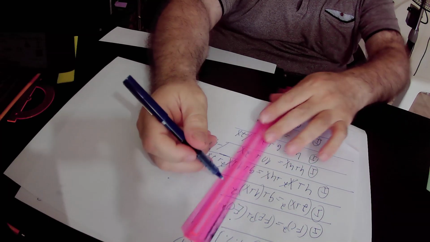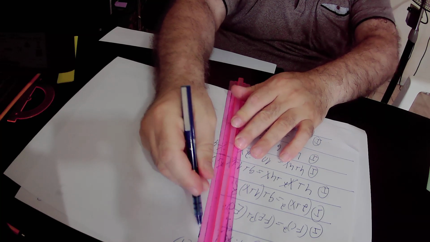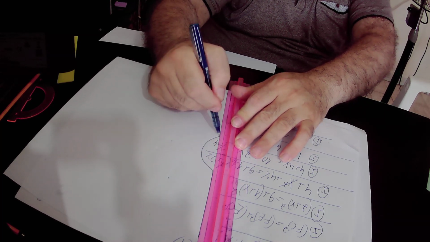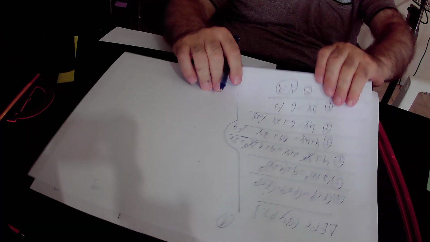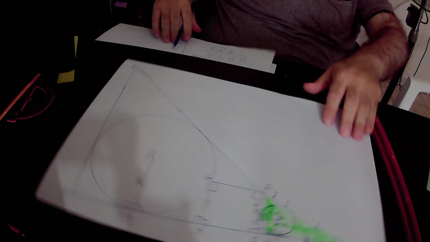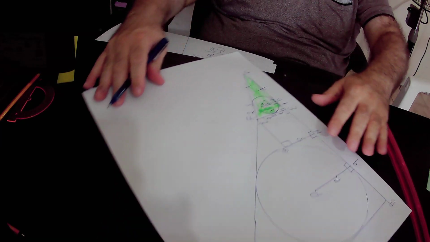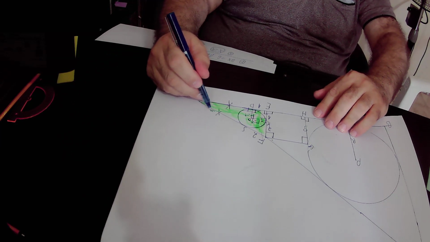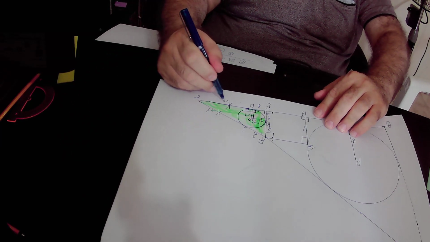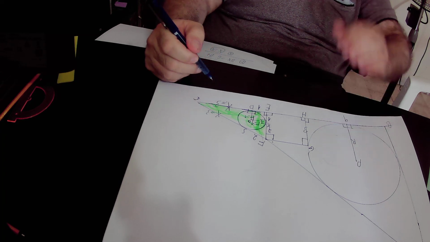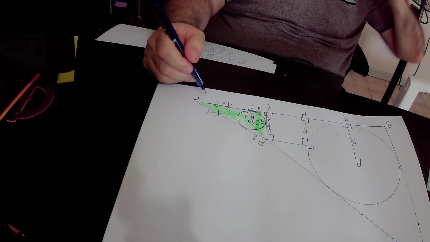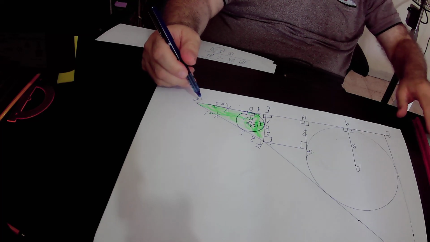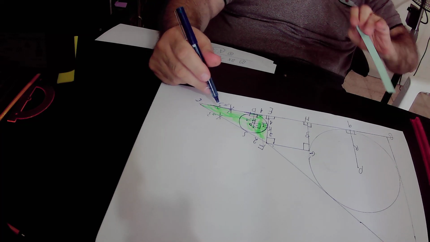So we write it down that x is equal to 3 units. Okay. In the next step, we'll join point C and O together by a straight line.